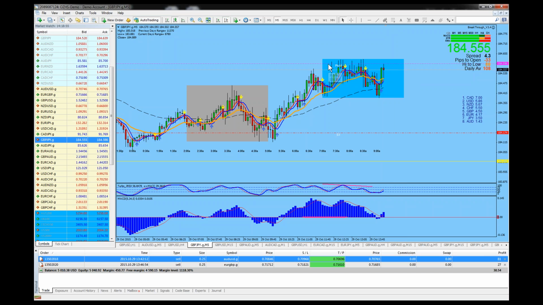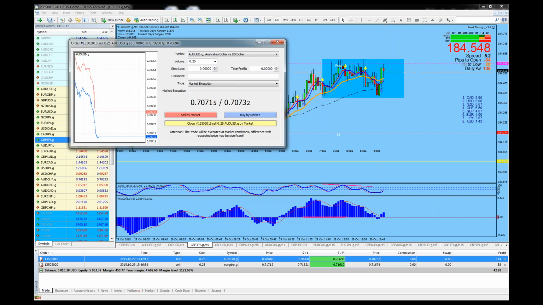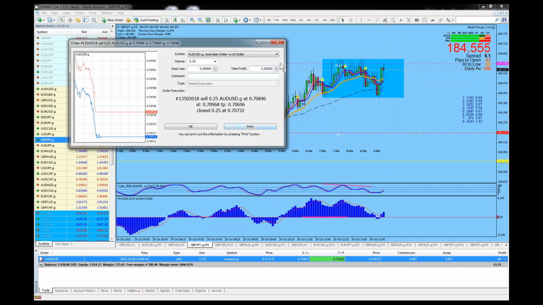But we've been here 10 times at this pivot and haven't closed above it yet. And this current candle could turn out to be a twin tower as well. 9.5 on the Aussie, 10, 11. Grab it. Come on. Yeah, done.